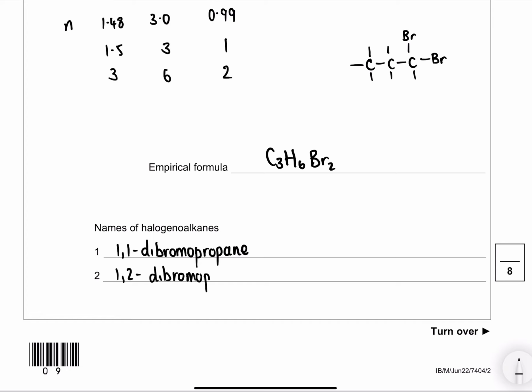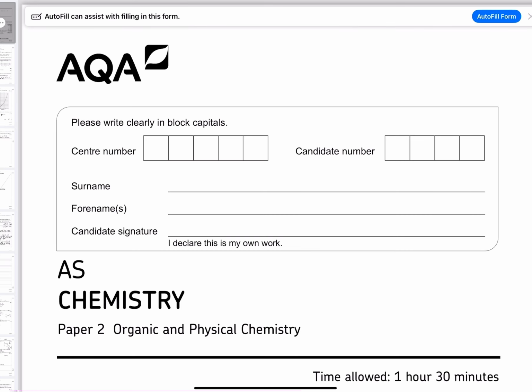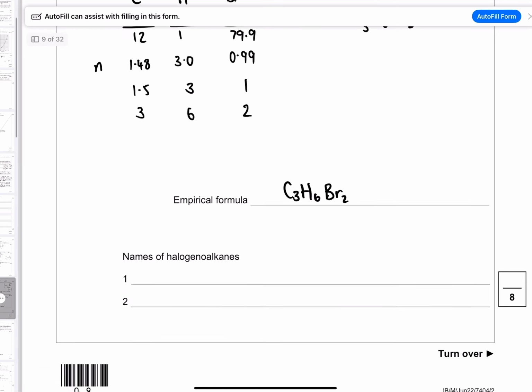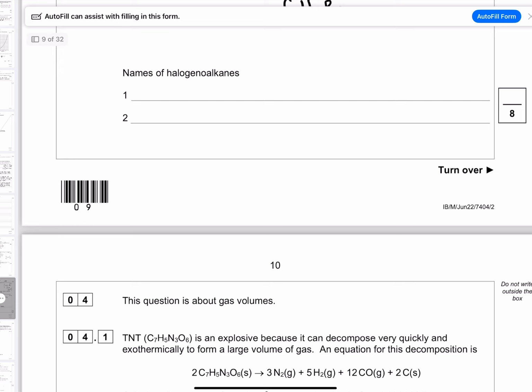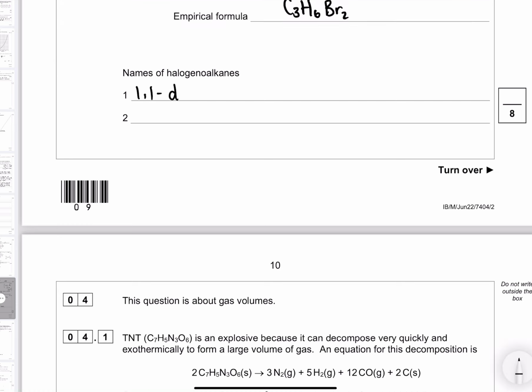We could have 2,2-dibromopropane. So 1,1-dibromopropane, we'll just rewrite that. 1,2. We could have 2,2. We could have 1,3. So just be careful, there's lots of different possible answers.